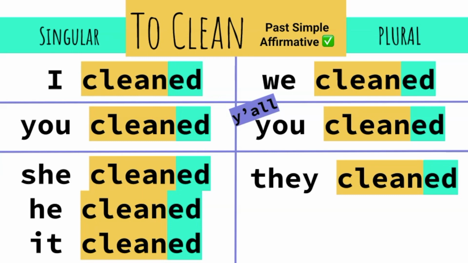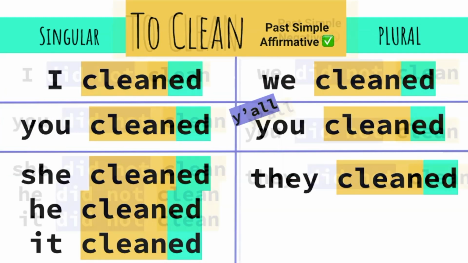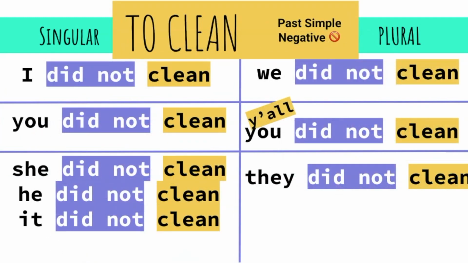To change the past simple affirmative into the negative, we add did not. I did not clean, you did not clean, she did not clean, he did not clean, it did not clean, we did not clean, you did not clean, y'all did not clean, they did not clean.